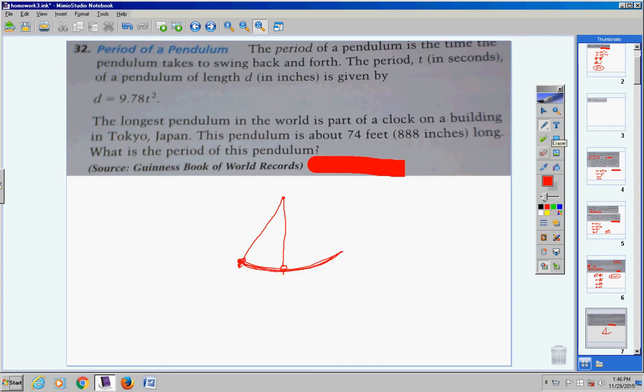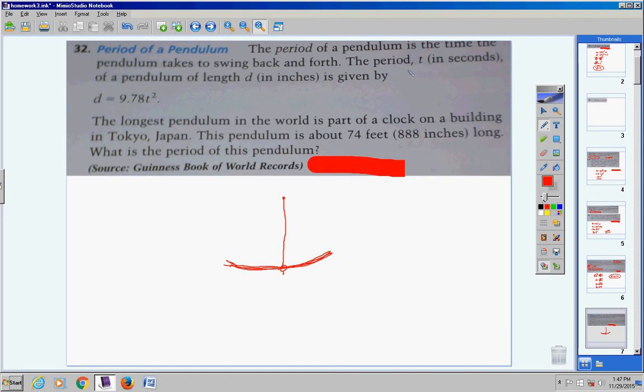Or, to be honest with you, you could also say, if your pendulum's here, it's the time that it takes for it to swing here, back to here, and then back to where it started. Either way, it's one full rotation this way and back again. The time that it takes to do that is called 1 period.